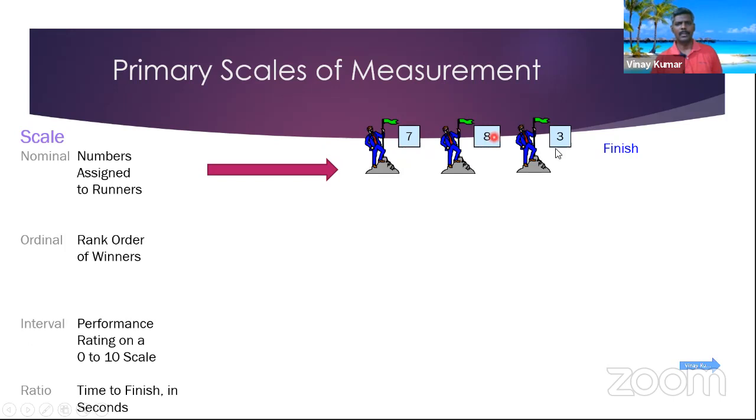Similarly, number 8 or number 3 has nothing to do with this athlete's character. It only helps the researcher to identify the respondent. Number 3 is this respondent, number 8 is this respondent, number 7 is this athlete. That's the only utility of the nominal scale.